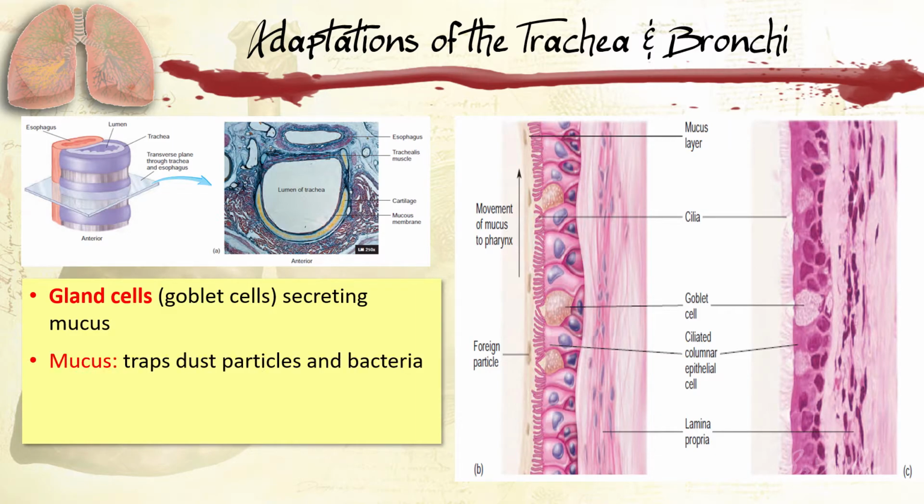The mucus will help to trap dust particles as well as bacteria, while the important cilia will help to sweep the dust particles upward to our pharynx. Some of you might realize that your mucus and your phlegm look similar, because phlegm is actually mucus. It is just the cilia sweeping it up, then we pull out our mucus.